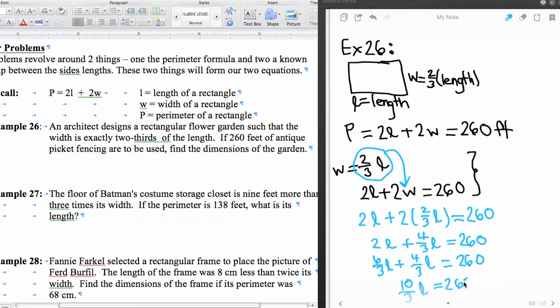From there, we multiply by the reciprocal, 3/10, on both sides. The 10 will cancel, and L is equal to 26 times 3. 6 times 3 is 18, carry the 1, 3 times 2 is 6 plus 1, which is 78. So this is 78 feet, because this is in feet.